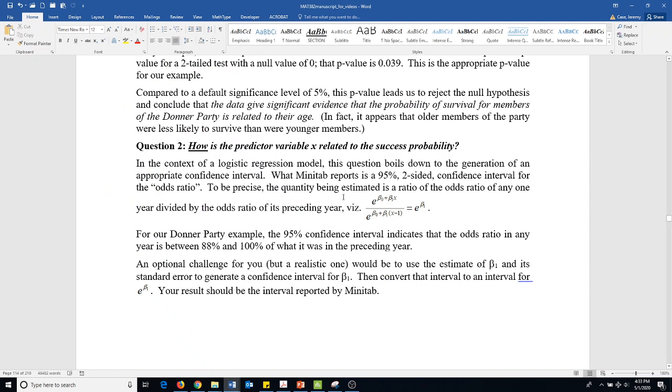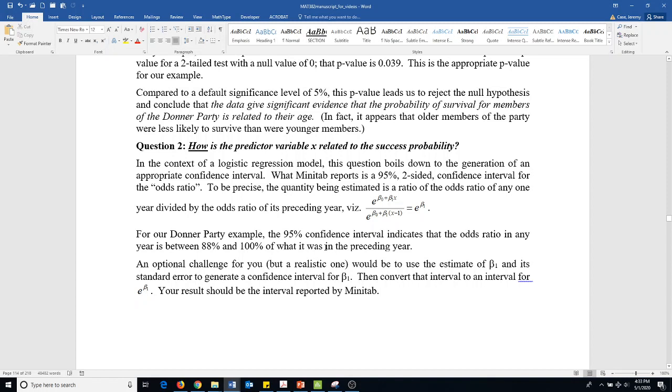The quantity being estimated is the odds of any one year divided by the odds of the preceding year. For example, e to the beta naught plus beta 1 x, divided by e to the beta naught plus beta 1 times x minus 1. That's the previous year. You divide, you get e to the beta 1. So the odds ratio for any one year is between 88% and 100%.